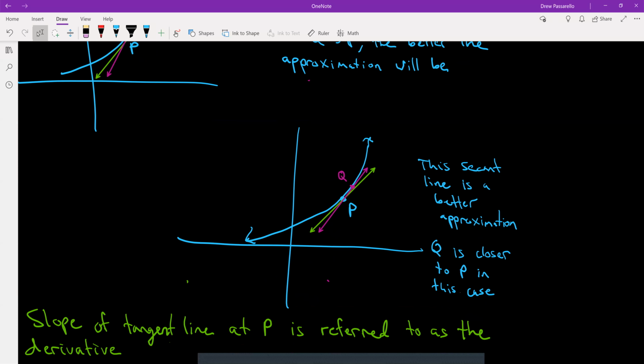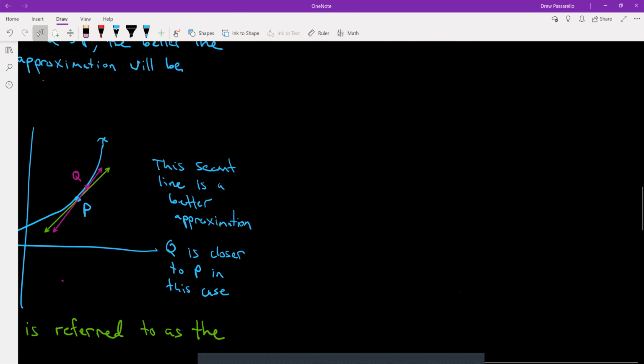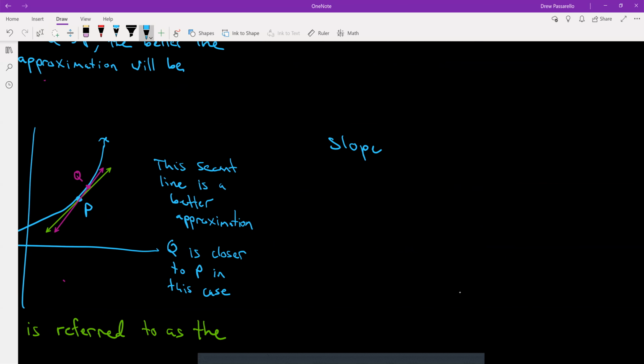Now the reason we're using secant lines is that a tangent line touches the curve at only one single point. And if you know anything about slope, the formula is m equals y2 minus y1 over x2 minus x1. You'll see that I have two variables, x and y, but they have subscripts: x1, y1, and x2, y2.